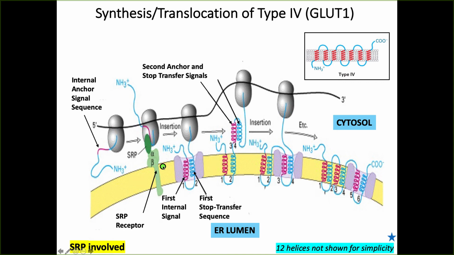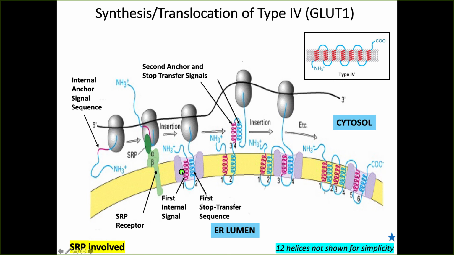And now you can easily see that the first internal sequence, which is the anchor signal sequence, is inserted, and the second transmembrane part is made, but this is also a signal known as a stop transfer signal. Again, repeating that, make sure that you understand that the purple part is the anchor sequence.